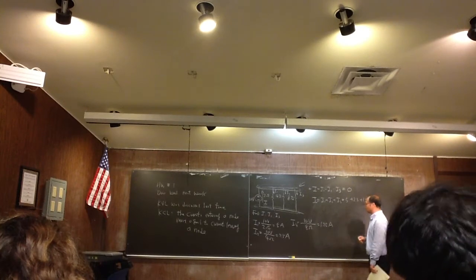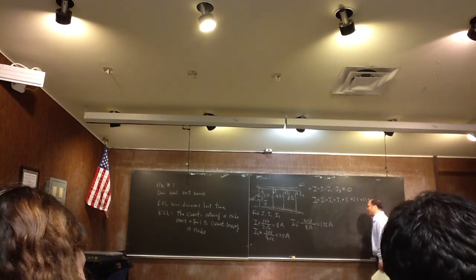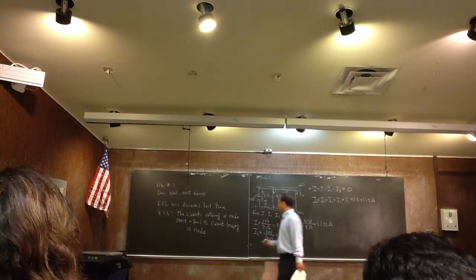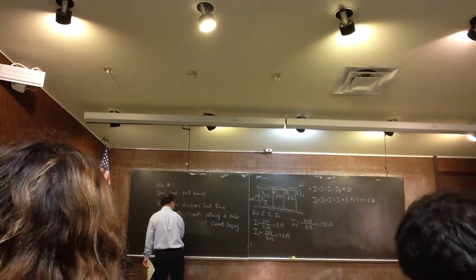From the KCL, we can also derive a rule called the current divider rule.